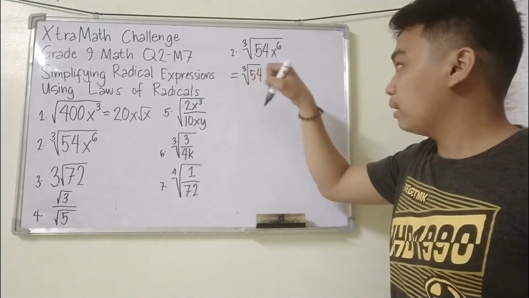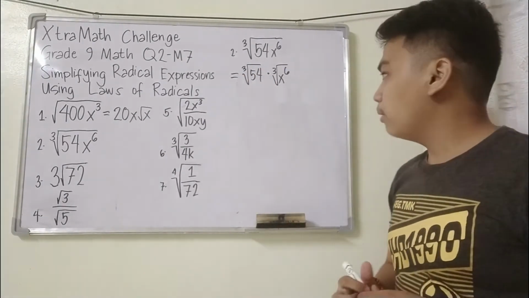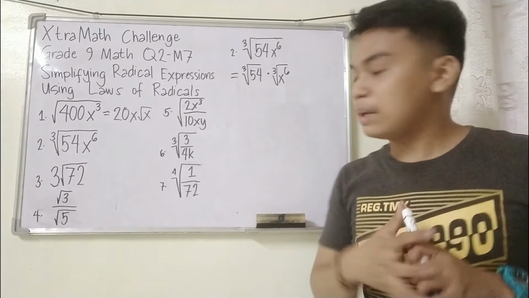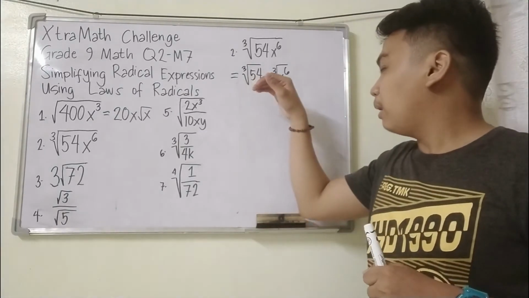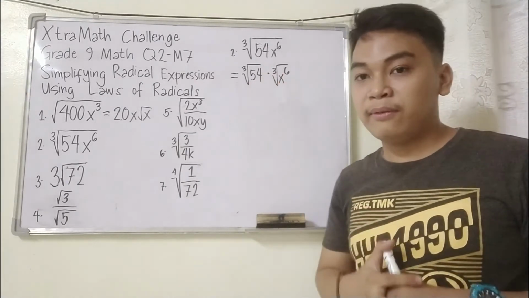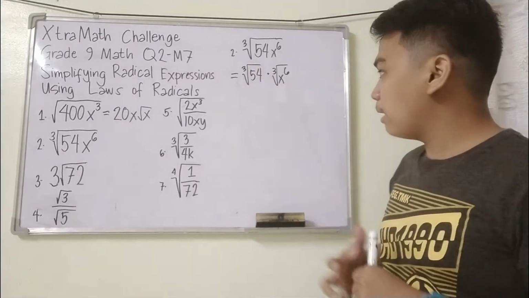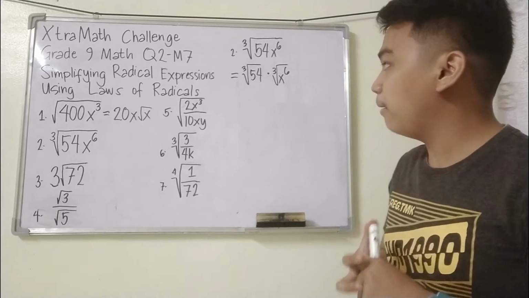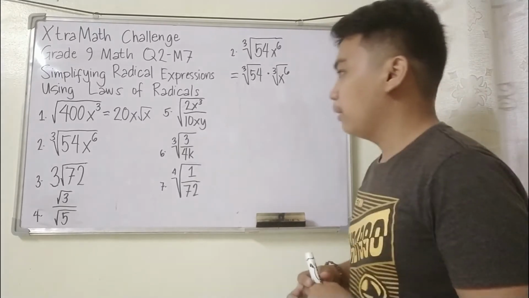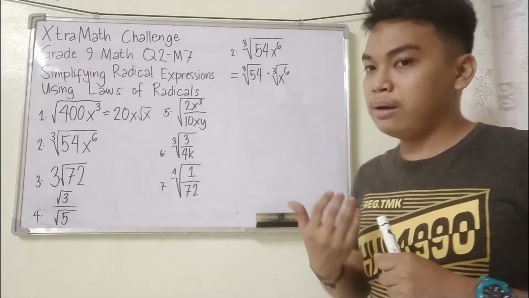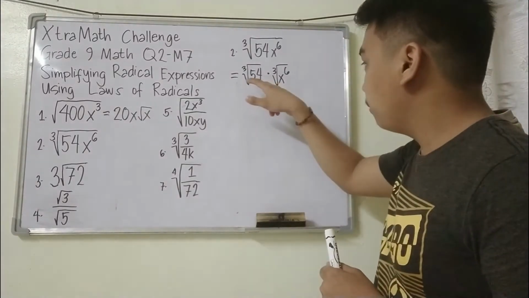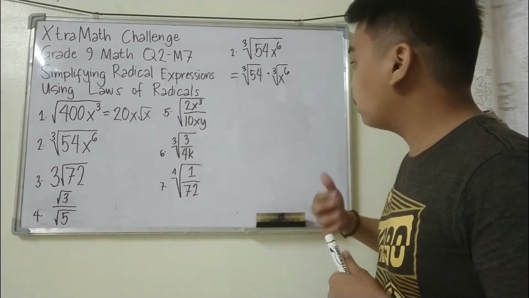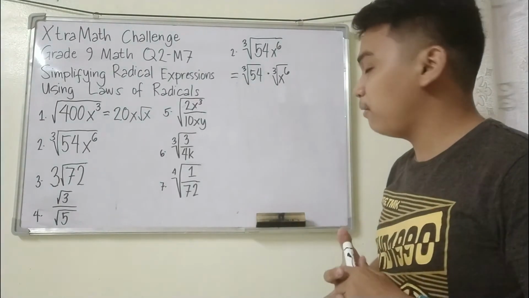So let's begin with cube root of 54. So para makuha natin yung simplified form ng cube root of 54, kailangan muna natin prime factorize yung 54. So ano yung prime factorization ng 54? Using different processes para makuha natin yung prime factorization ng 54.